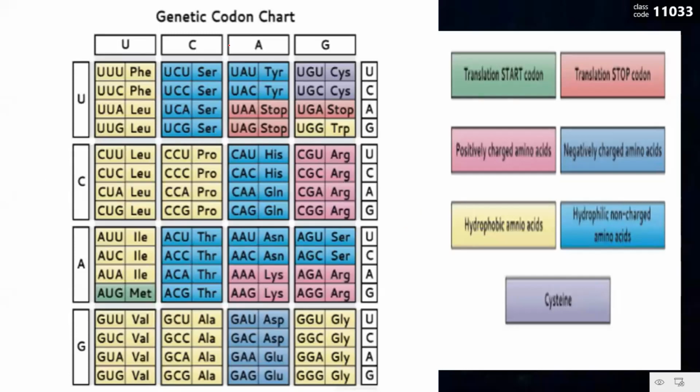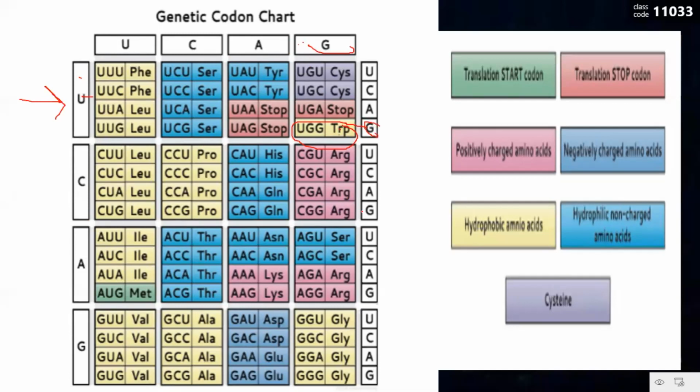Paano gamitin yung chart na yan? Ganito lang naman siya, oh. O, hanapin mo yung, halimbawa, tryptophan. Tryptophan is this. So, pagtutugma-tugmain mo lang. U, G, G. Diba? Again, U. Ayan kasi yung U. Then G. G. Kaya tryptophan.